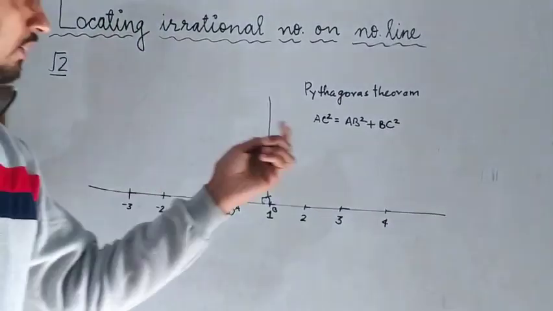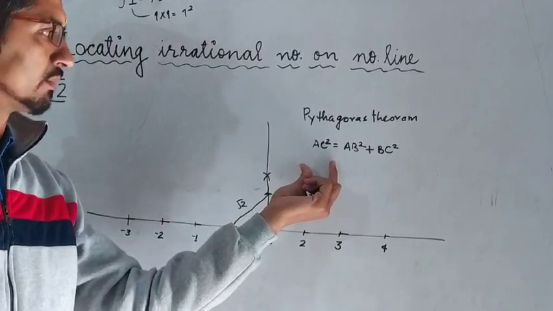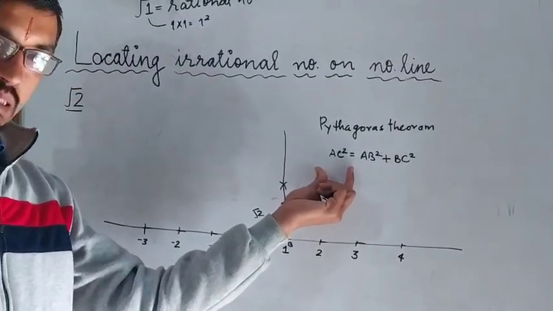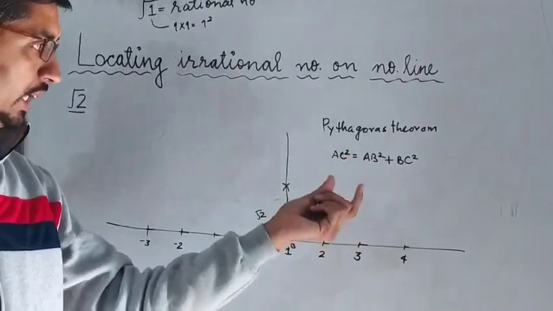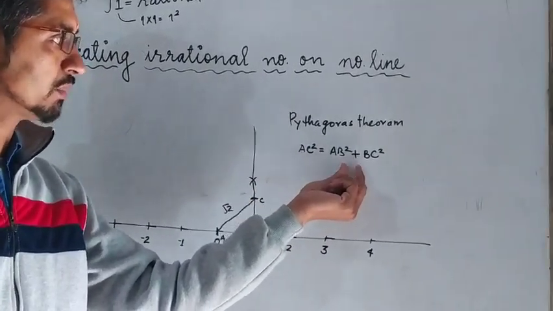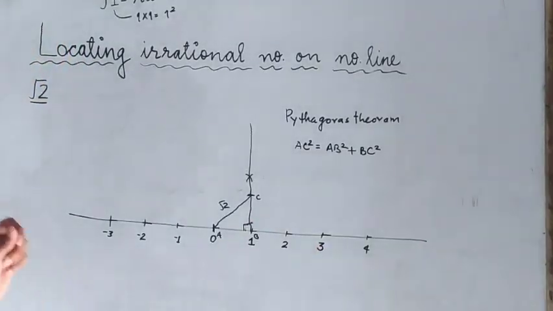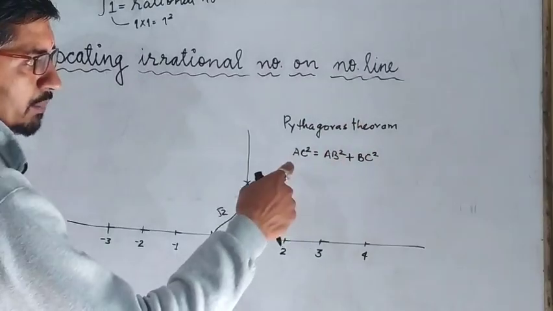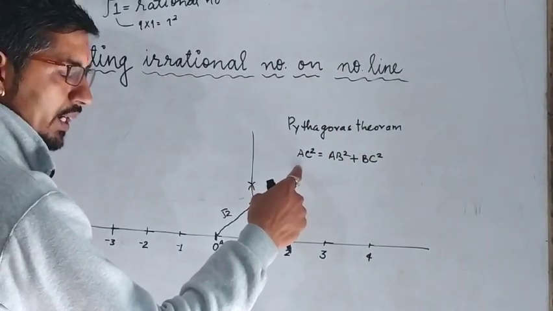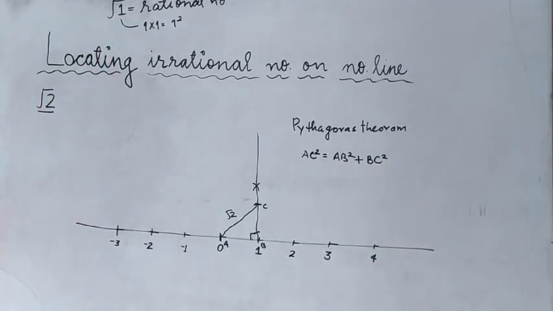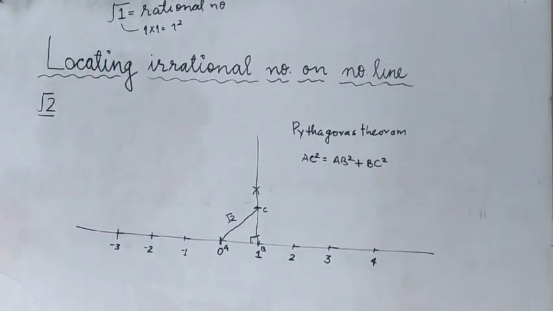According to the Pythagoras theorem, the square of the hypotenuse is always equal to the sum of the squares of the other two sides, the base square plus the perpendicular square.